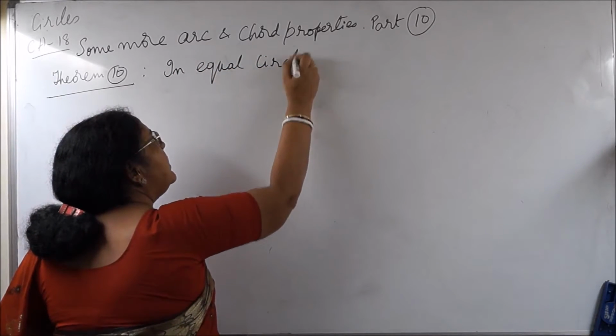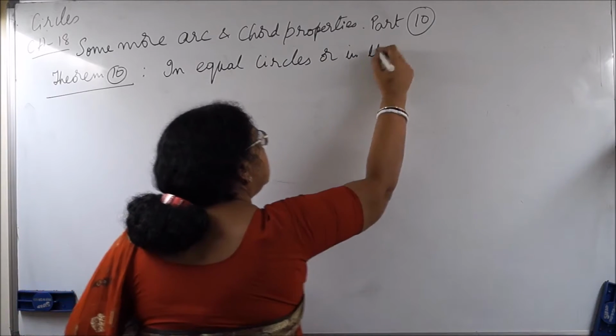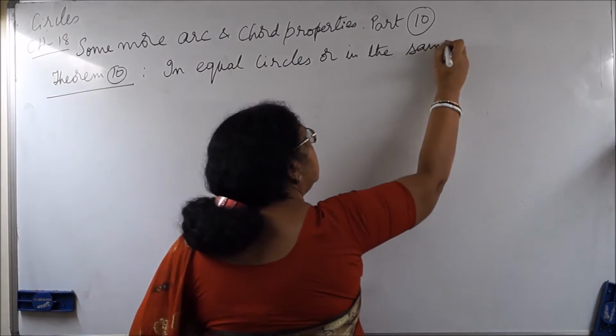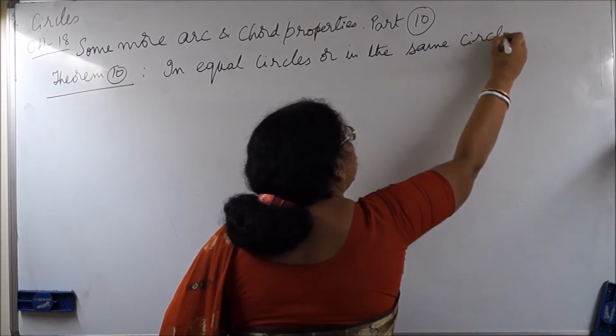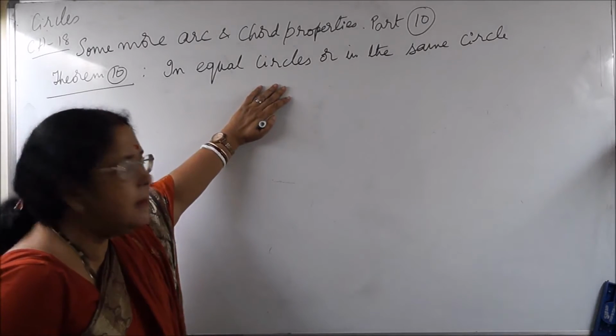In equal circles or in the same circle. Now what is the meaning of equal circle? Circles having the same radius.